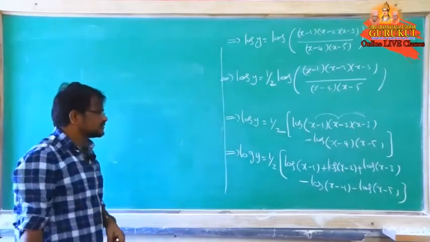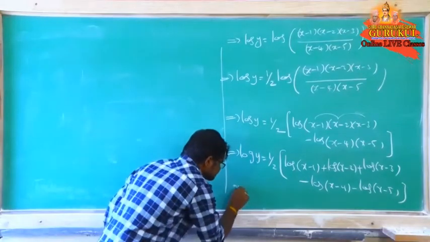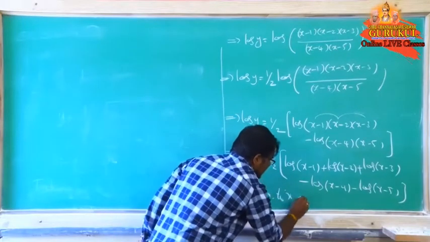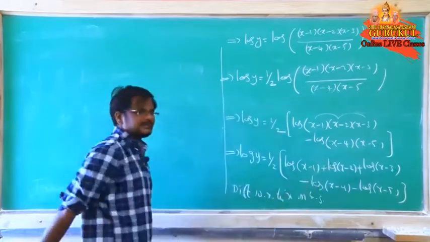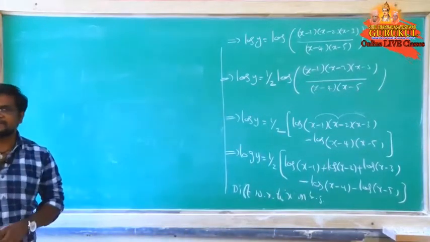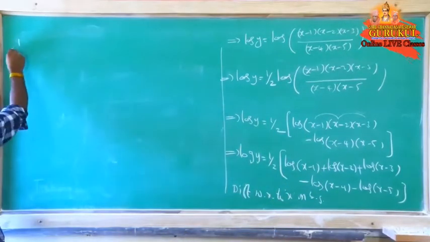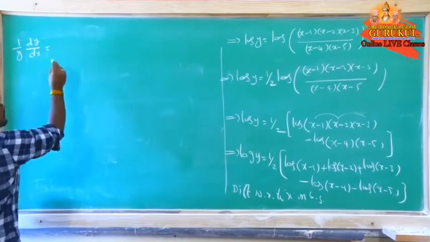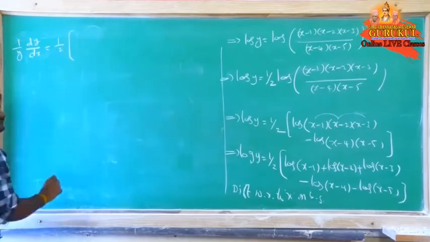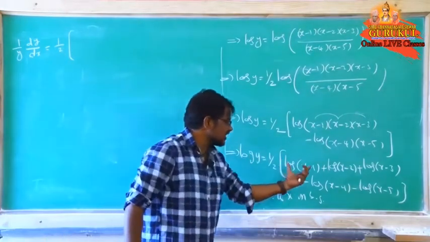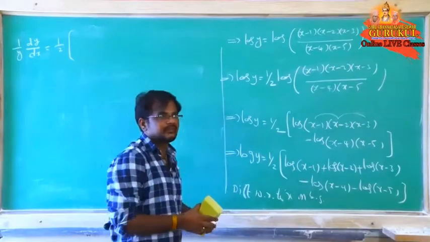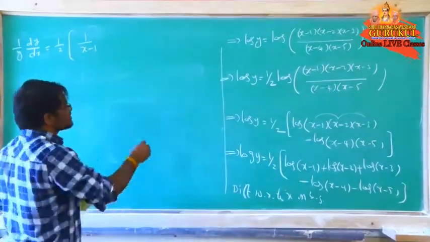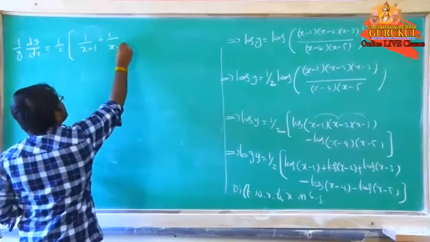Next what we have to do? Differentiating with respect to x on both the sides, right? Now differentiation of log y, 1 by y dy by dx equal to 1 by 2 into differentiation of log x minus 1, 1 by x minus 1, differentiation of log x minus 2, 1 by x minus 2.